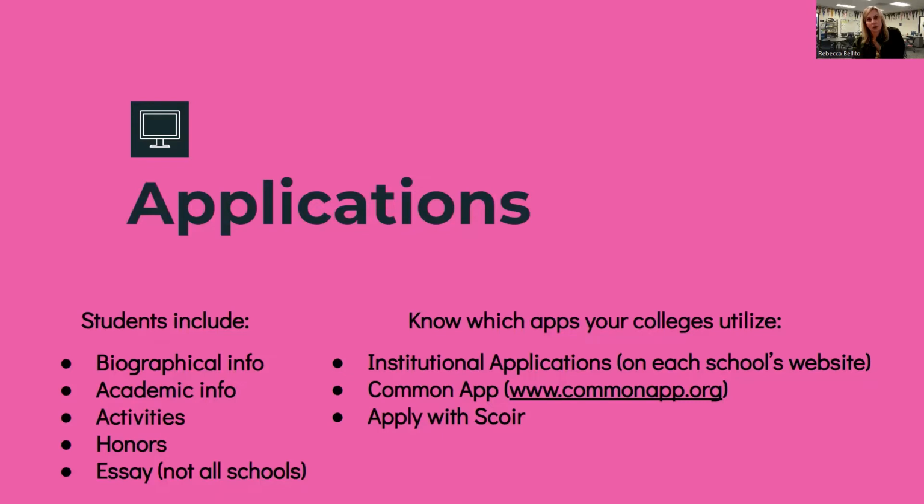The second mode would be using the Common App, which is found at commonapp.org and is available to over 900 colleges accepting that application now. And then a newer application is Apply with Score. There is a way that you can actually submit applications through Score. It is brand new, so if you have questions on that, just be sure to stop by the CRC and we can take a look with you.